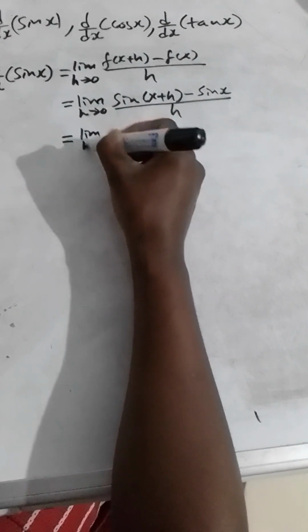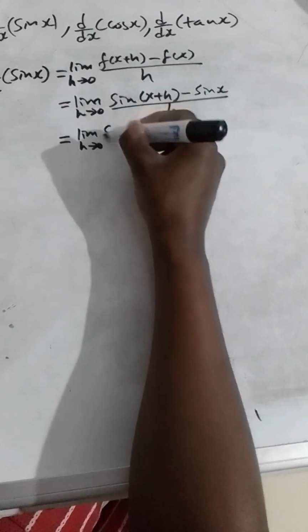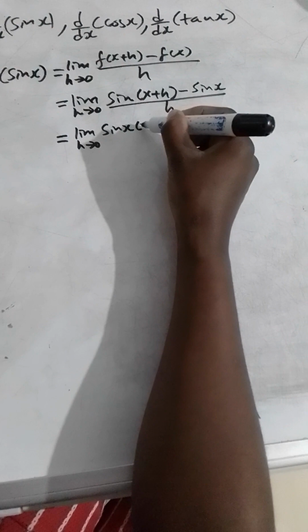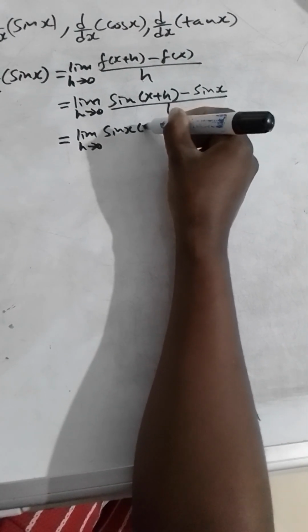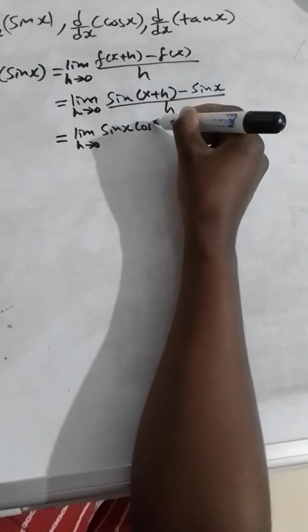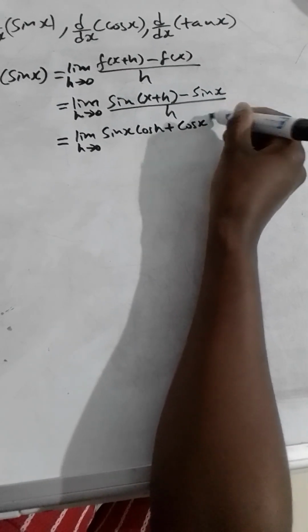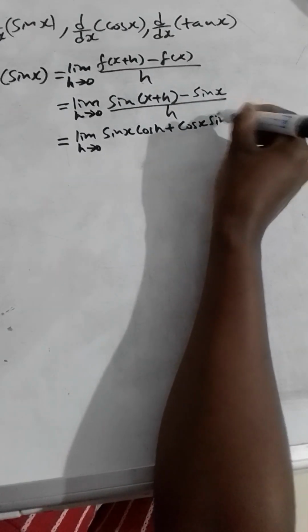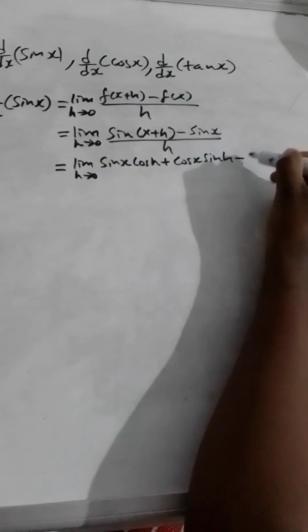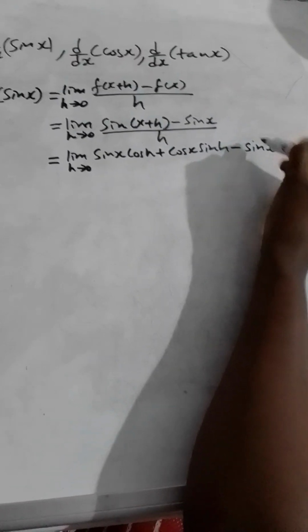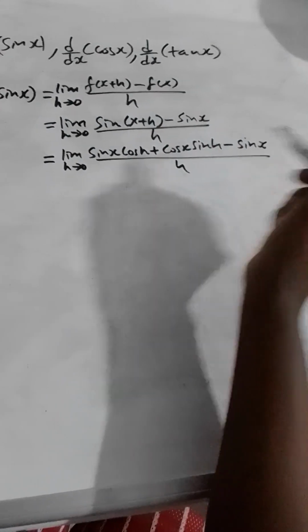You can go check them quickly. You would have sine x cos h plus cos x sine h minus sine x over h.